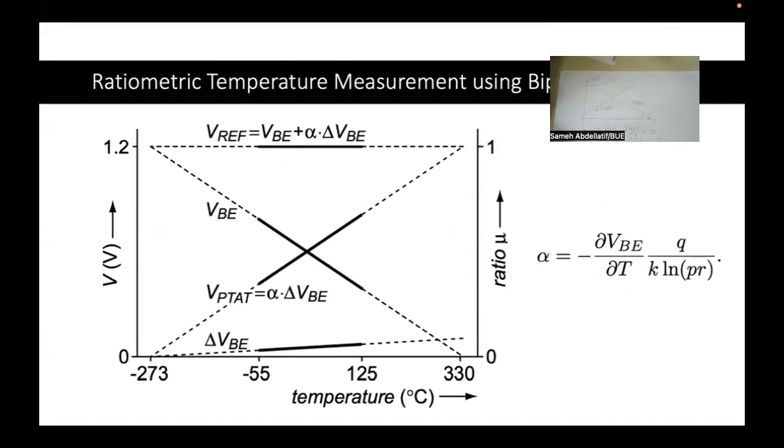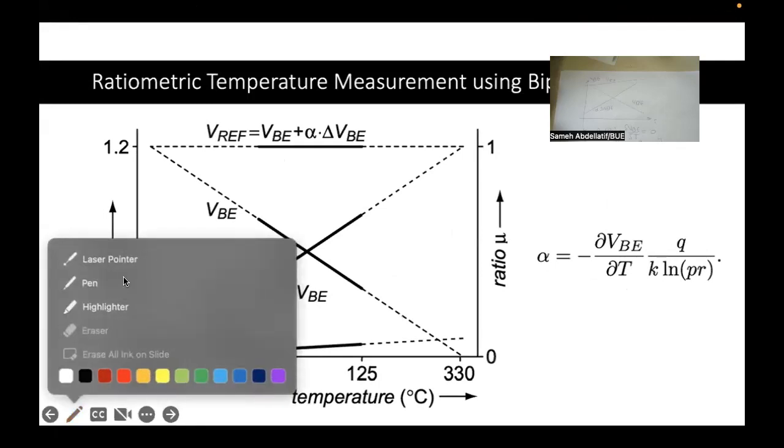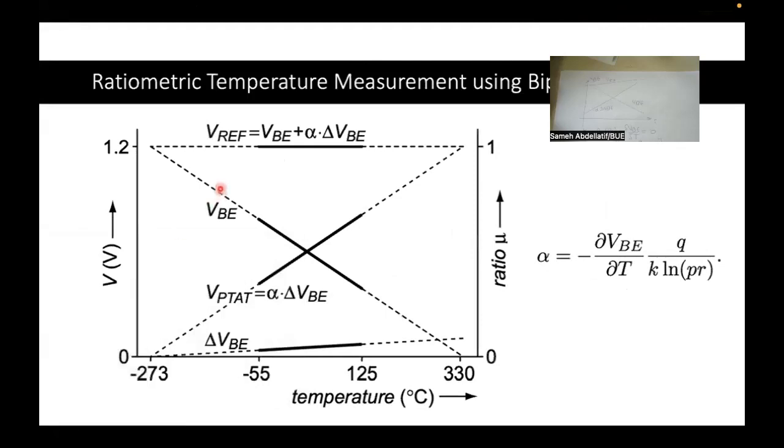So as you can see here, my dear students, you have two temperature dependent functions. We have the VBE, which gives this negative slope with respect to temperature. And you created this alpha delta VPE to have a positive response so that the overall voltage is kept constant.